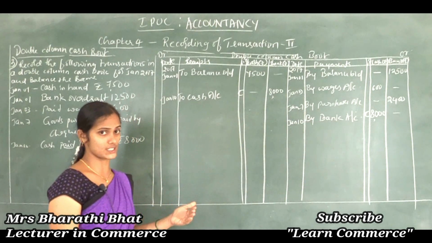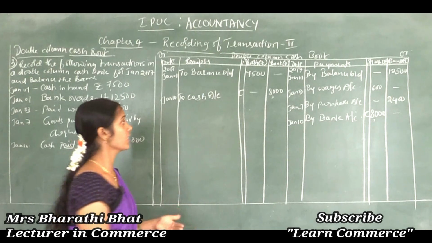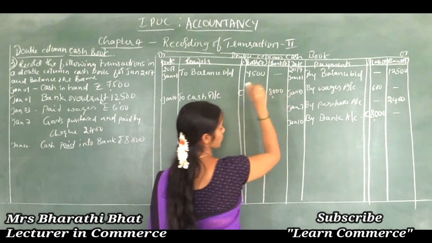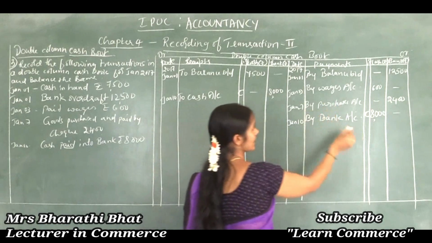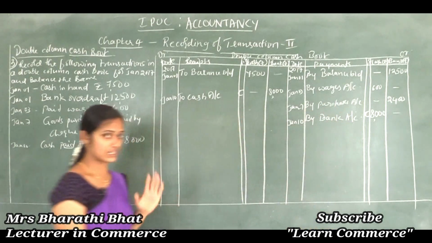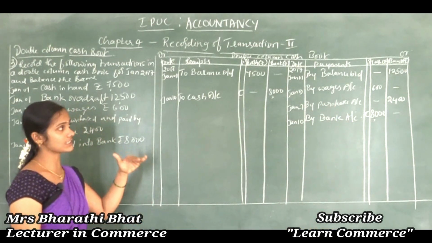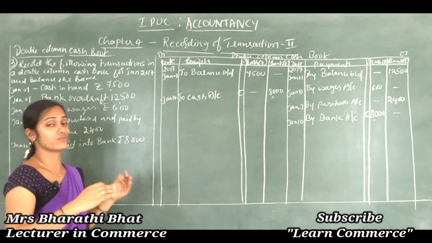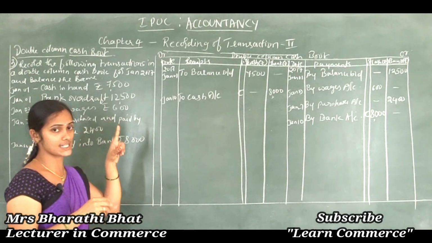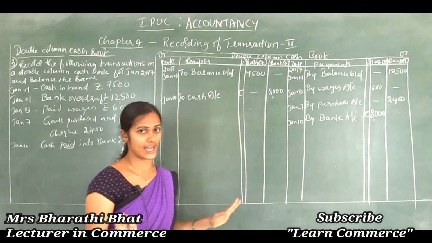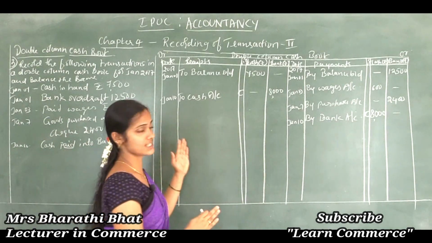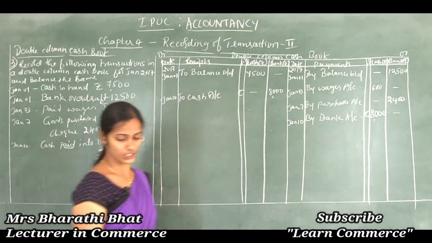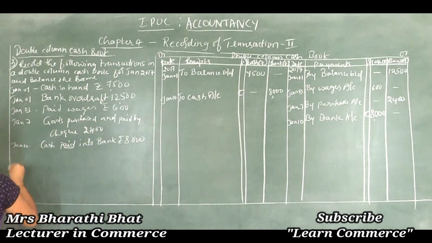We are depositing, so our bank shows increased value, our cash shows decreased value. Clear? Bank increases, cash decreases. When withdrawing, cash increases, bank decreases. Like that. That is the payment side, this is the receipt side. Only this much. And move to the next one.